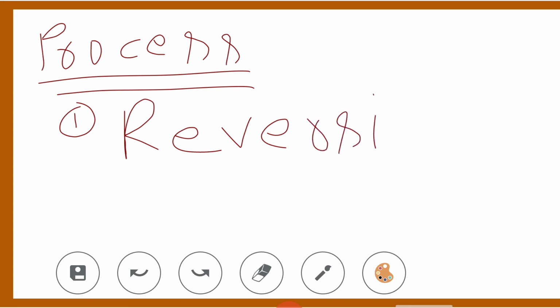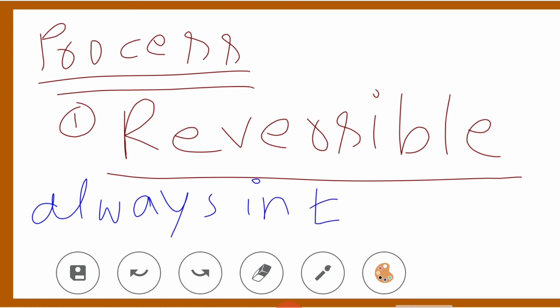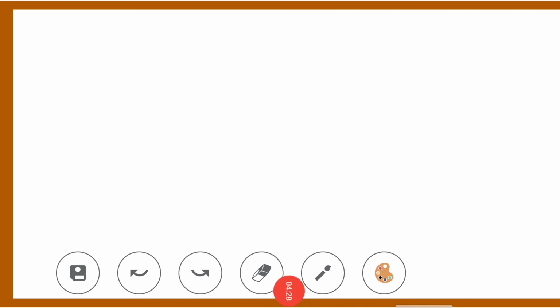That means if we get A from B, that means A is a product and B is a reactant, consequently we also get B from A, that is A to B, B to A.